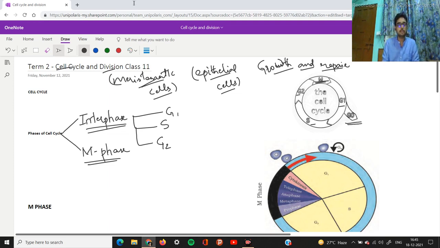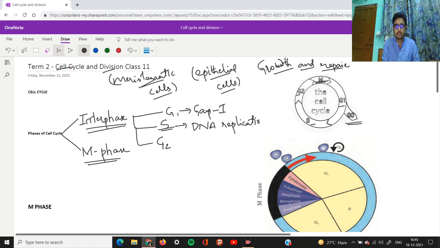So in gap 1, or G1, the cell takes time, a gap, and there is no DNA replication in the G1 phase. Later, in S phase there is DNA replication, which is a very important part of interphase.